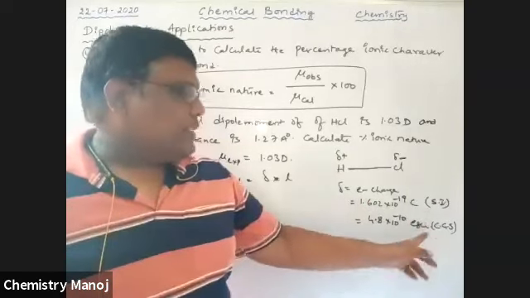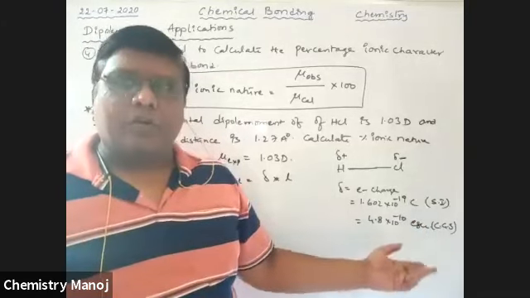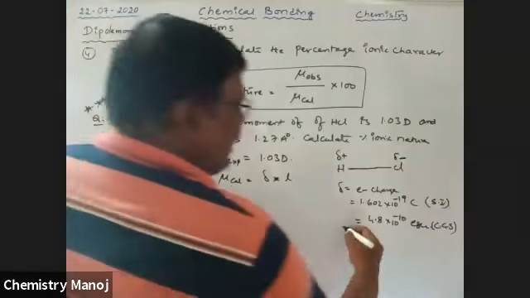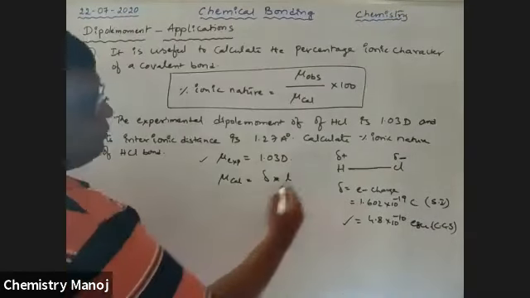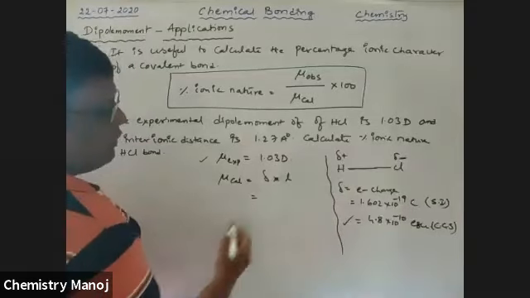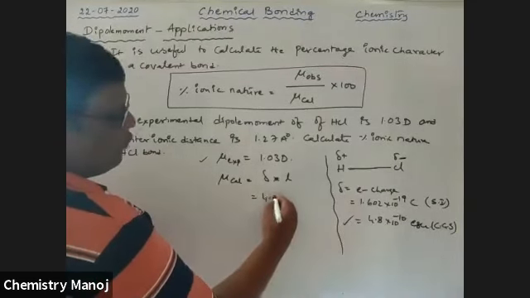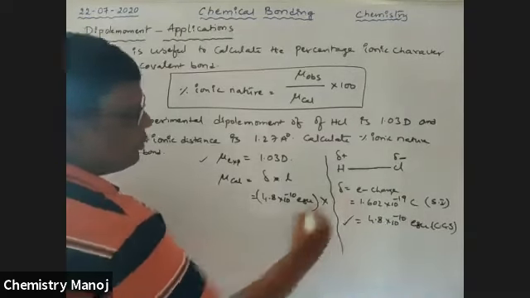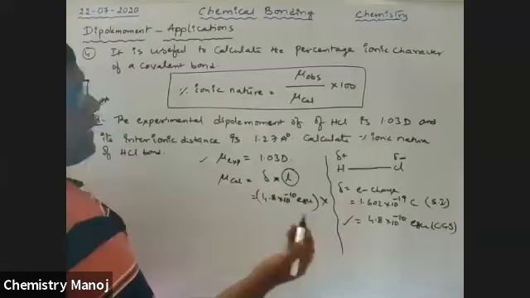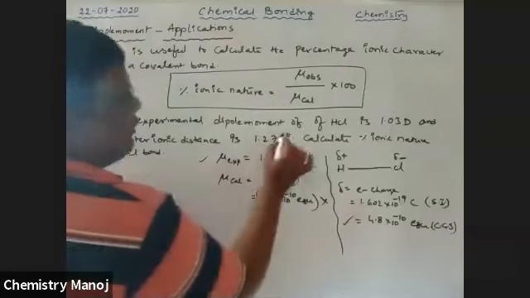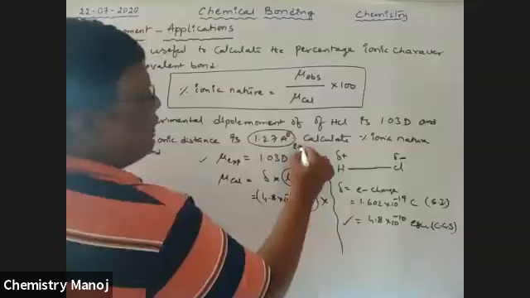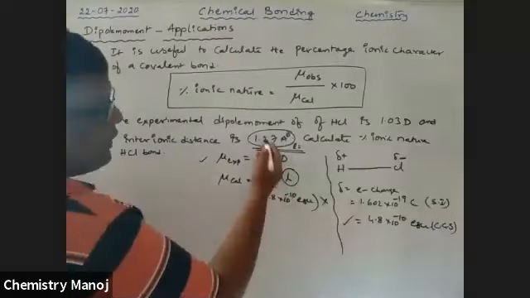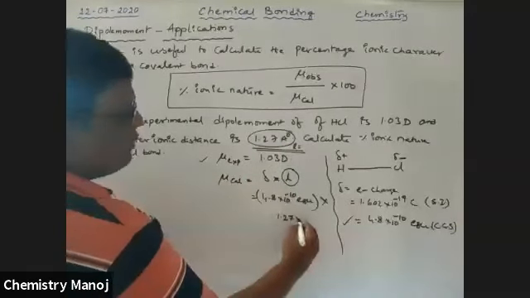I am using ESU centimeters first, so 4.8 into 10 power minus 10. Therefore mu is equal to delta, this is the charge value, 4.8 into 10 power minus 10 ESU, into the length, the distance. Length L is given as 1.27 angstroms.